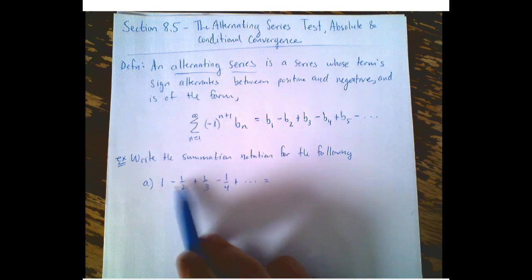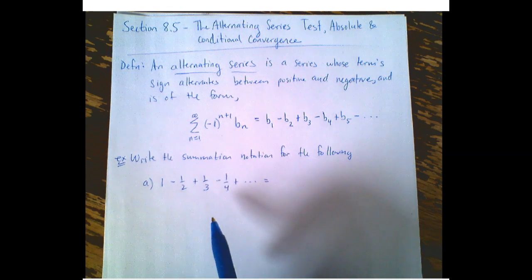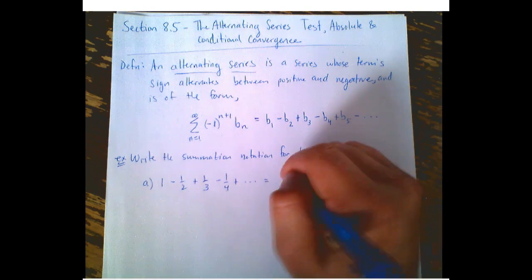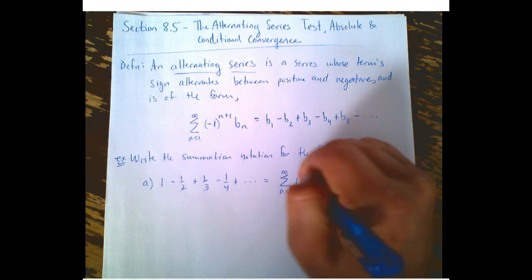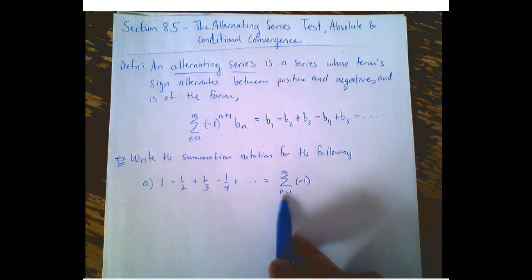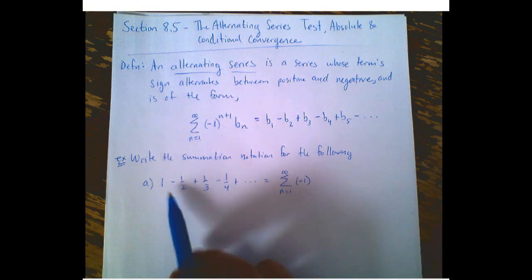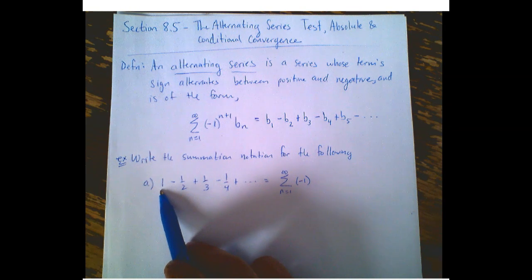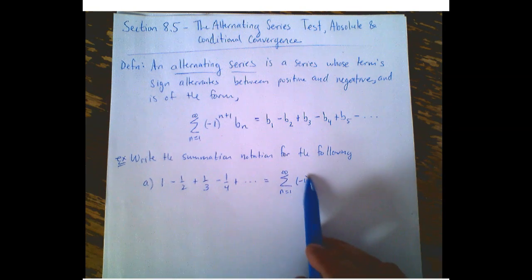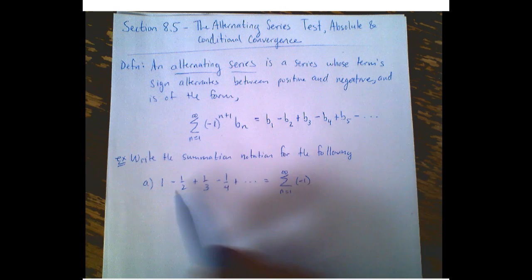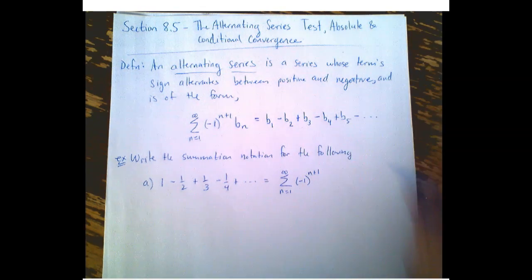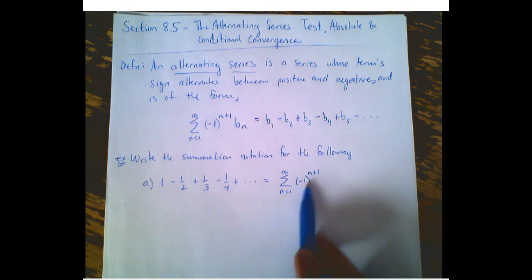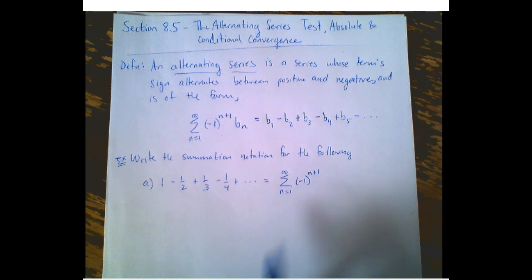We notice that there is an alternation of the signs, so we're going to have to put in -1 to some power. If we start n at 1, we want the first term to be positive, so we have to have an even power for the first term, an odd power for the second, and so on. So that would be n plus 1. When n is 1, we get a 2 here, so that would be positive.